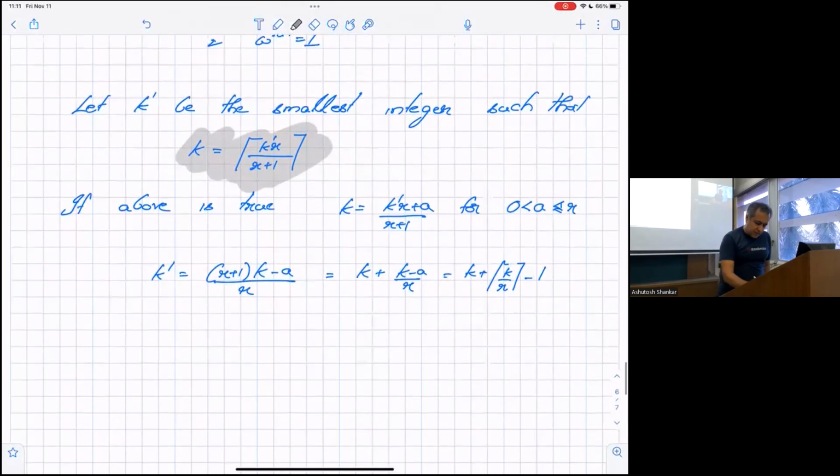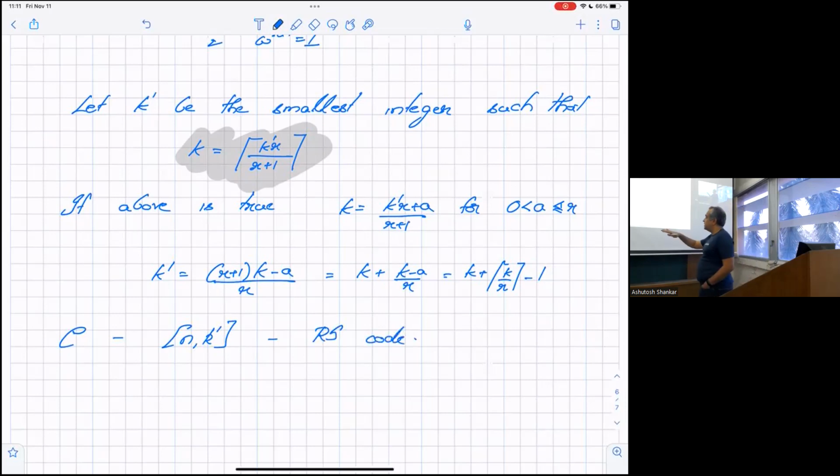Now let's construct the code to be an n, K prime Reed-Solomon code, the Reed-Solomon code which takes K prime message symbols and blows it up to n.